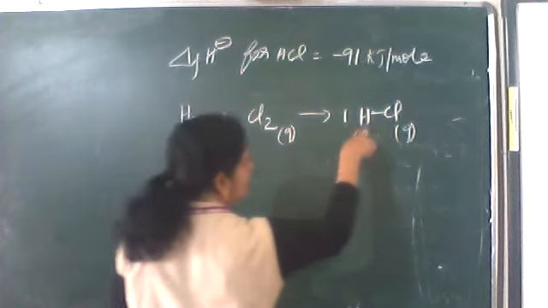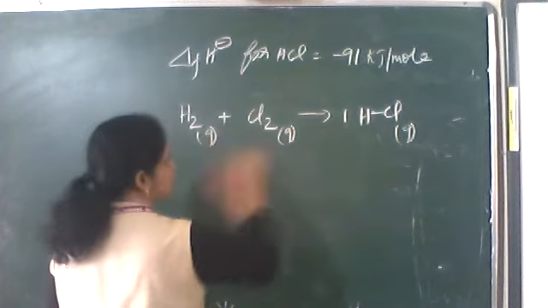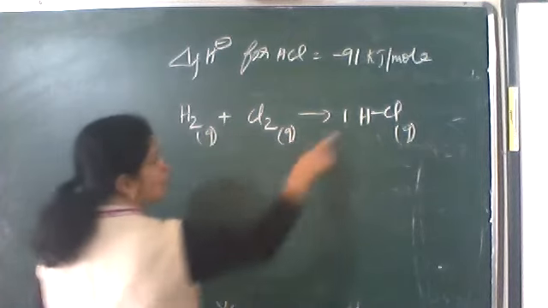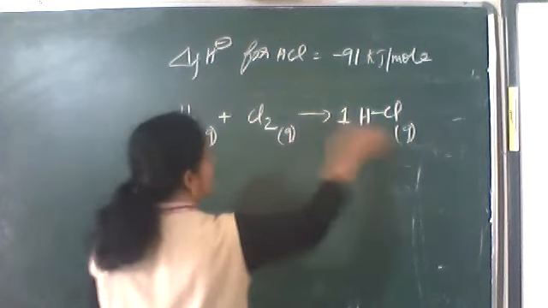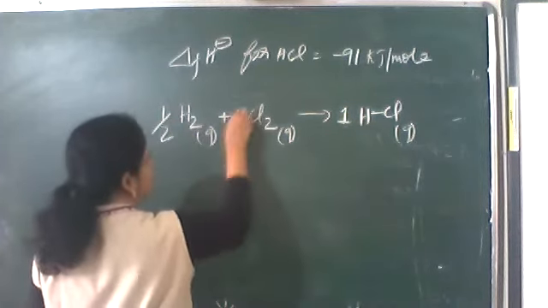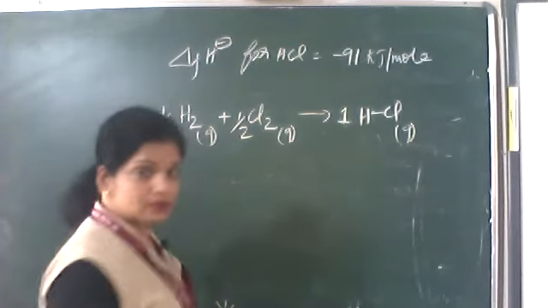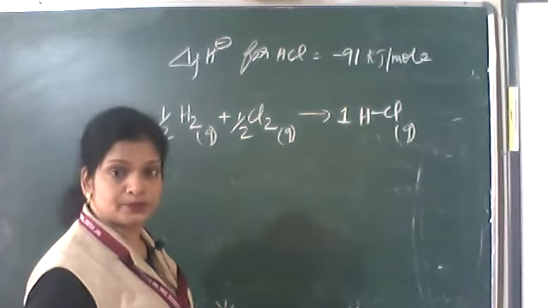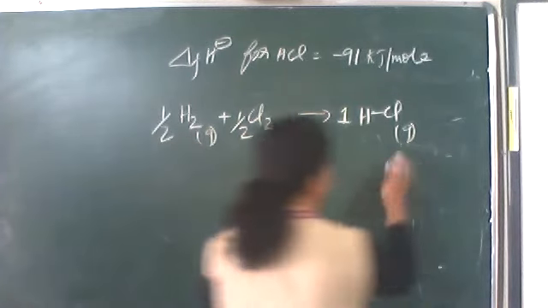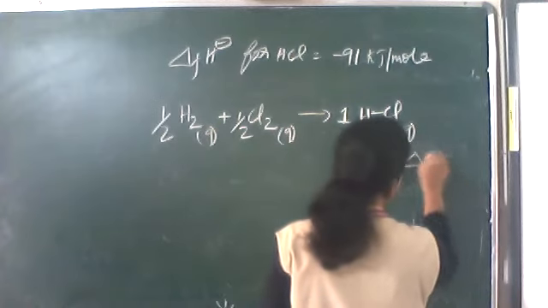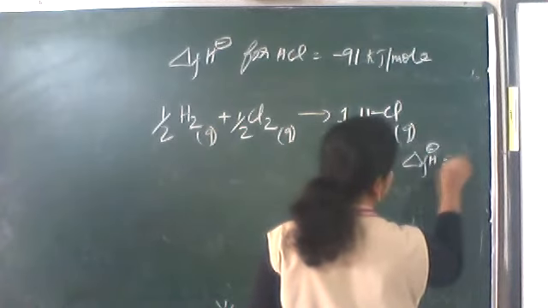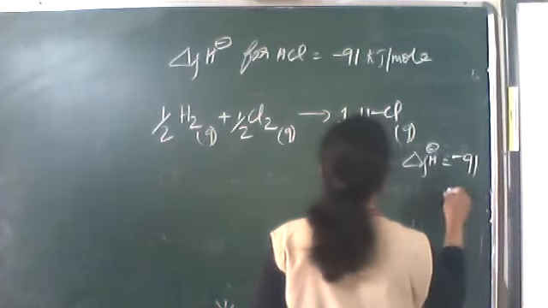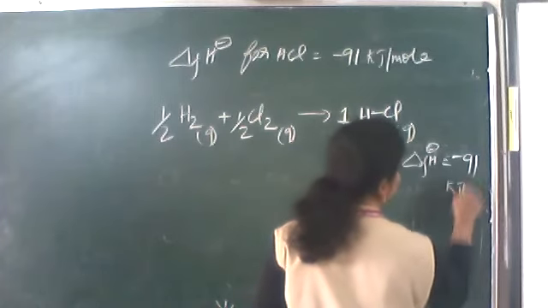When 1 mole is formed from the constituent elements, to get this 1 mole it should be half H2 and half Cl2, right? Half H2 plus half Cl2 gives HCl, and delta fH standard is equal to minus 91 kilojoules per mole.